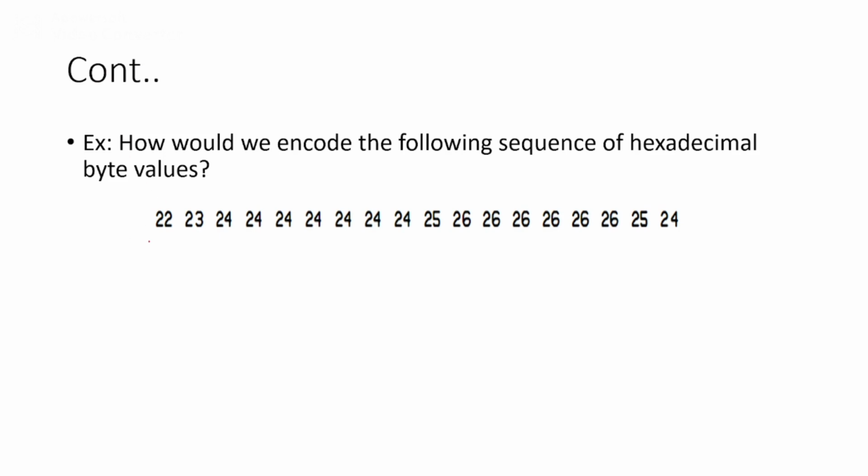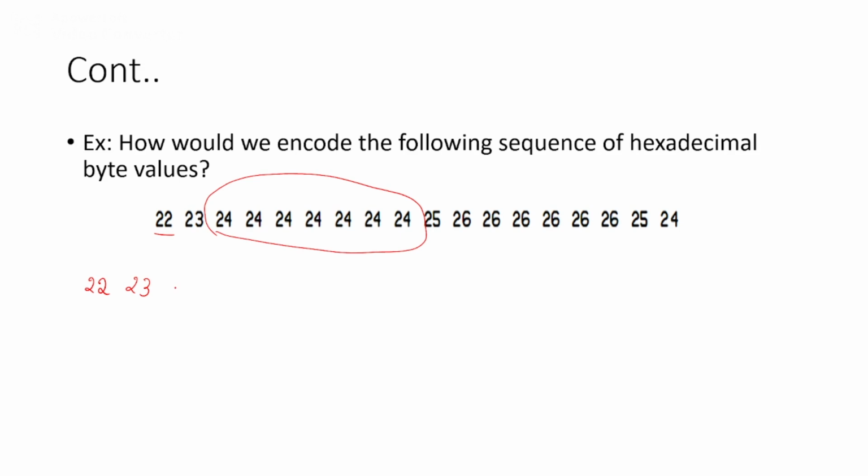So here you can see the first value we have is 22. I will write 22 as it is because there is no repetition. Then we have 23 without any repetition, so I will write it as it is. Then we have 24, which has been repeated many times. How many times has 24 been repeated? 7 times.